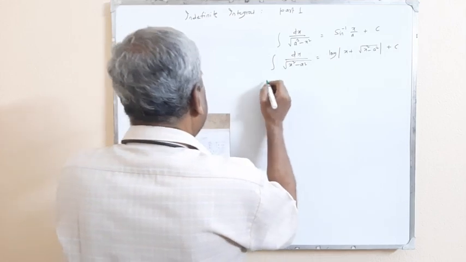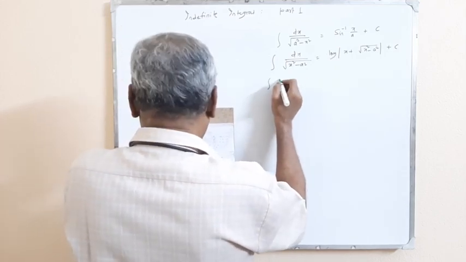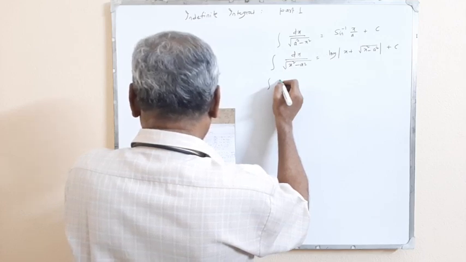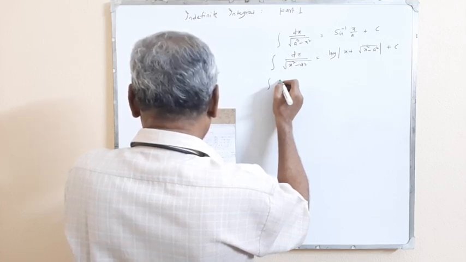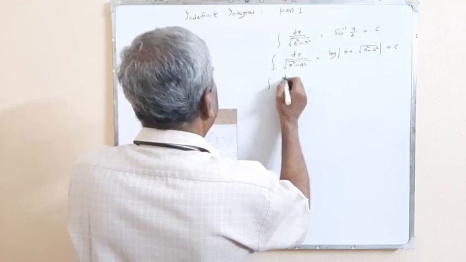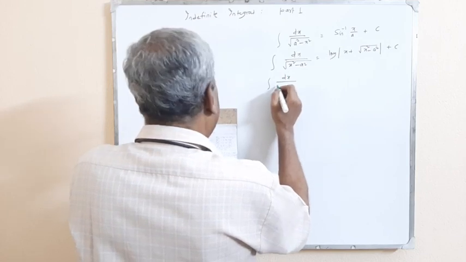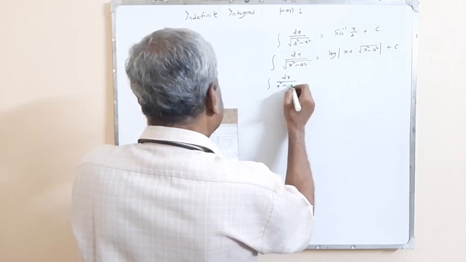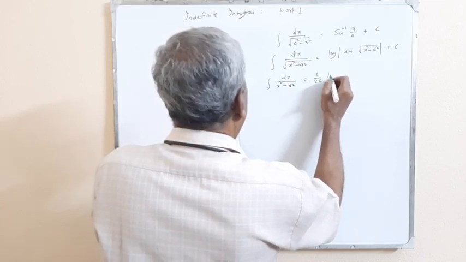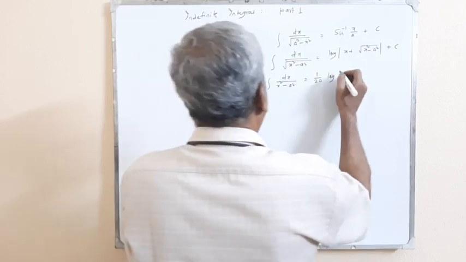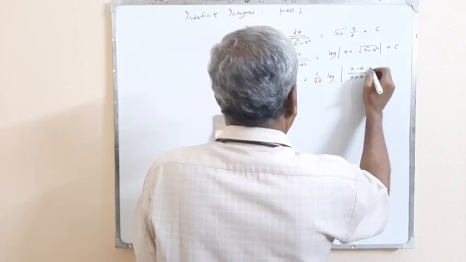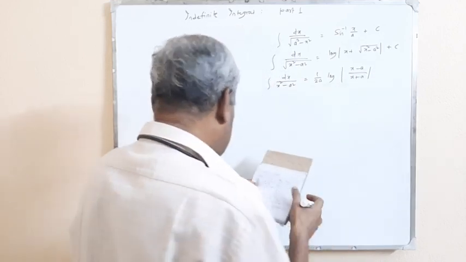Third one, the integral of dx by x square minus a square is 1 upon 2a log of mod of x minus a by x plus a, obviously plus c.